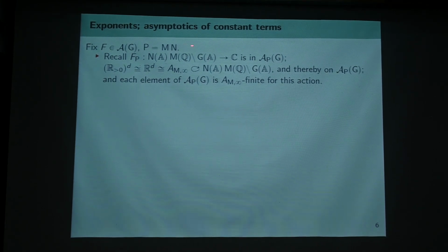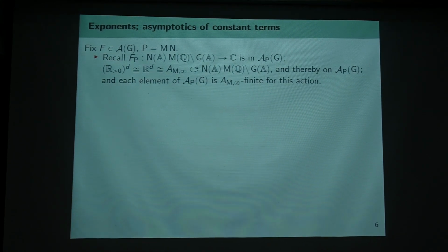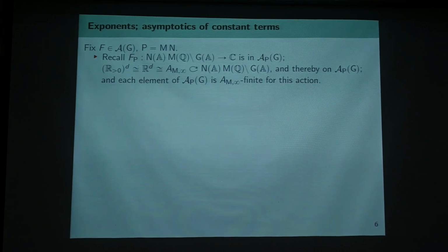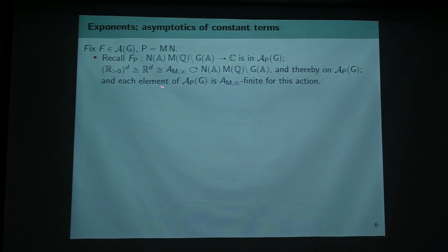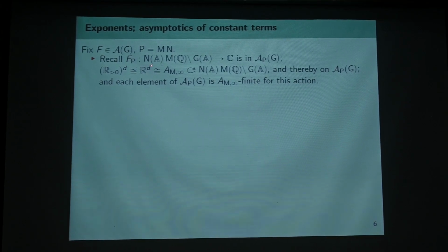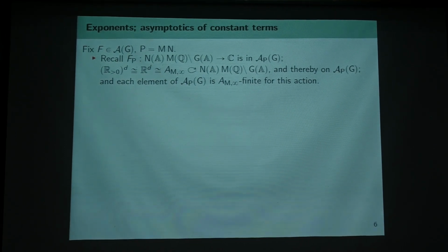And we also had this expression called A_{M,infinity}, which was the connected component of the R points of the maximal split torus in the center of M. And I said that via the log map, it was isomorphic to a vector space. So this guy, and I told you yesterday the following.